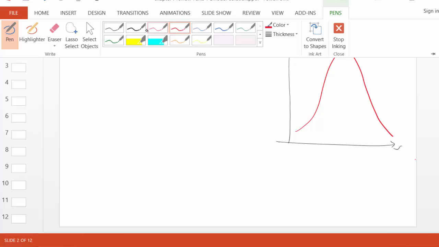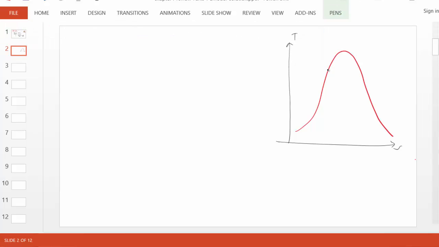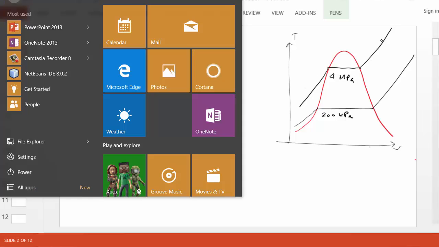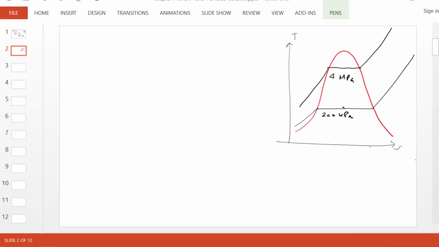So we'll draw a constant pressure line corresponding to the high pressure at the inlet, which is the 4 MPa line, and we'll also draw the exit pressure line. So this second line corresponds to 200 kPa, and this is 4 MPa. So you know the inlet state 1 must be somewhere along this top line, and the exit state somewhere on the lower constant pressure line.